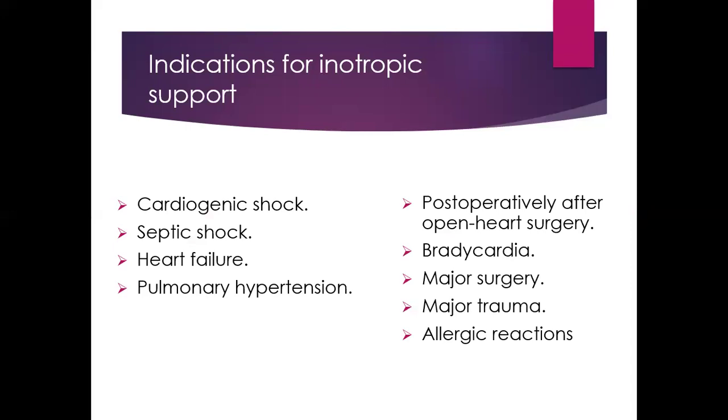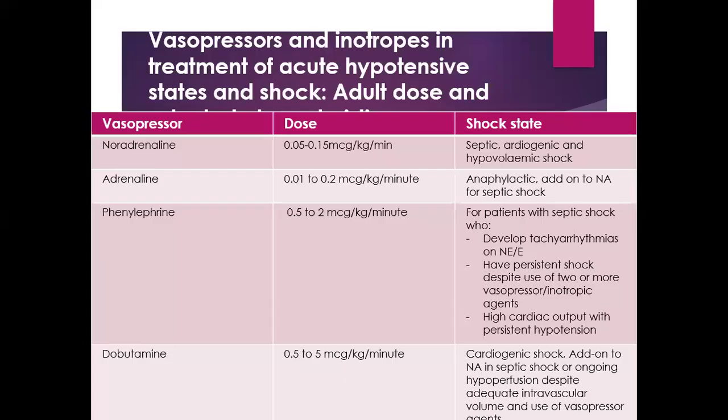Various indications, starting from cardiogenic shock, which is defined as reduced tissue perfusion primarily due to cardiac dysfunction, septic shock, heart failure, pulmonary hypertension, post-operative after open heart surgery, major surgery, and all of that. These are some of the indications for vasoactive support or inotropic support in our patients.